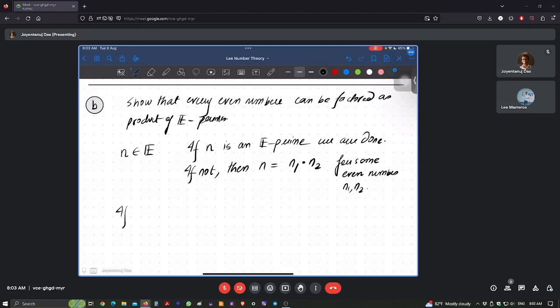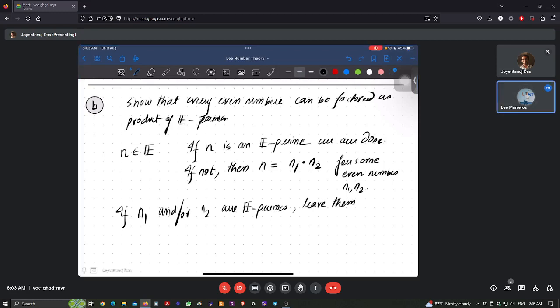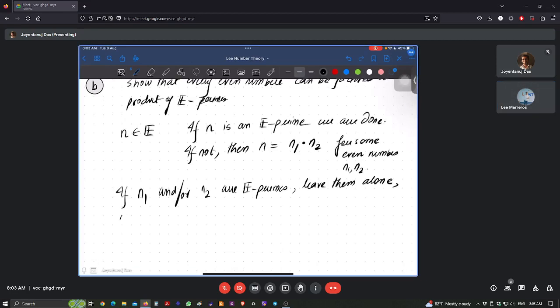So if n1 or n2 are E primes, we leave them alone. And if not, we factor them again. So like this, we can continue the process. This is recursive, right?